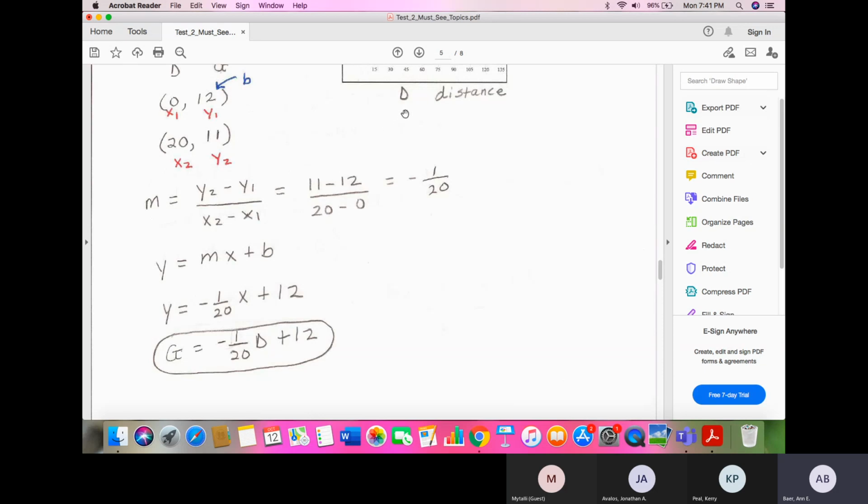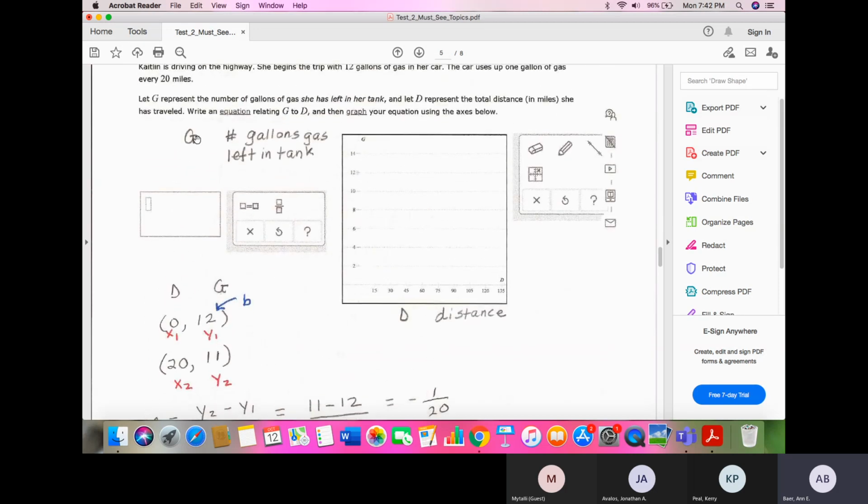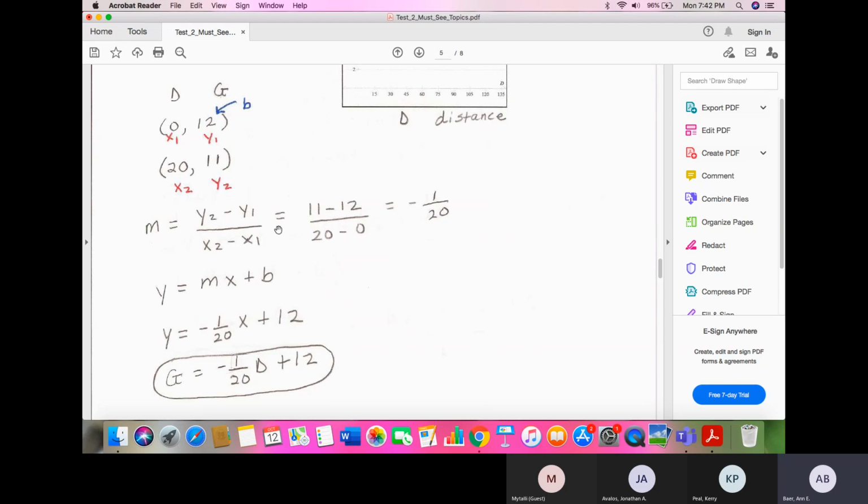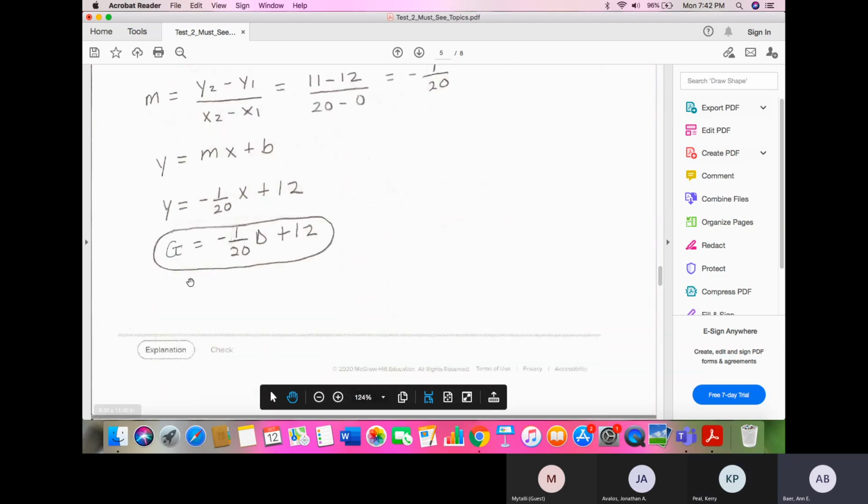I want to make sure I'm clear. D is on the x-axis. So I took out x, plugged in D. G, on the other hand, is on the y-axis. G is the y, right up here. So you want to make sure you're keeping track of that. So we want to take out y and replace it by G. So we're going to take out y here and replace it by G to get our answer.